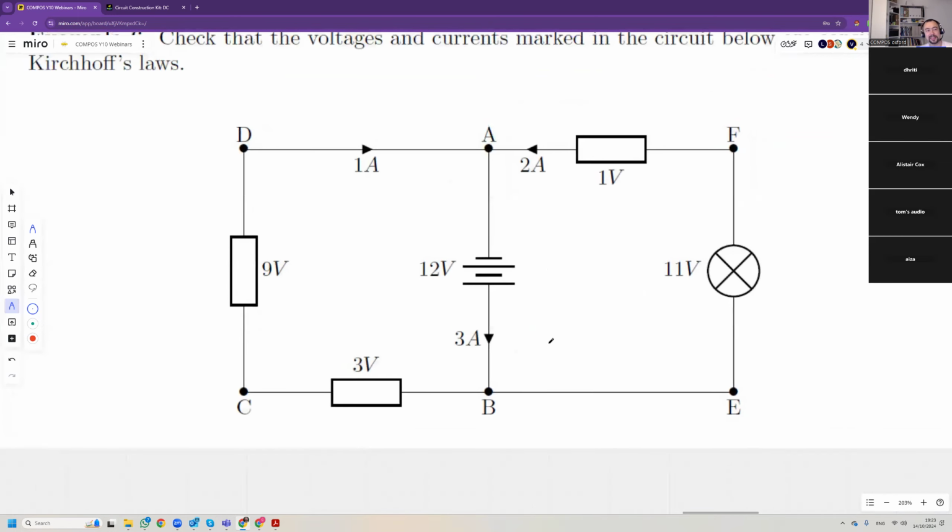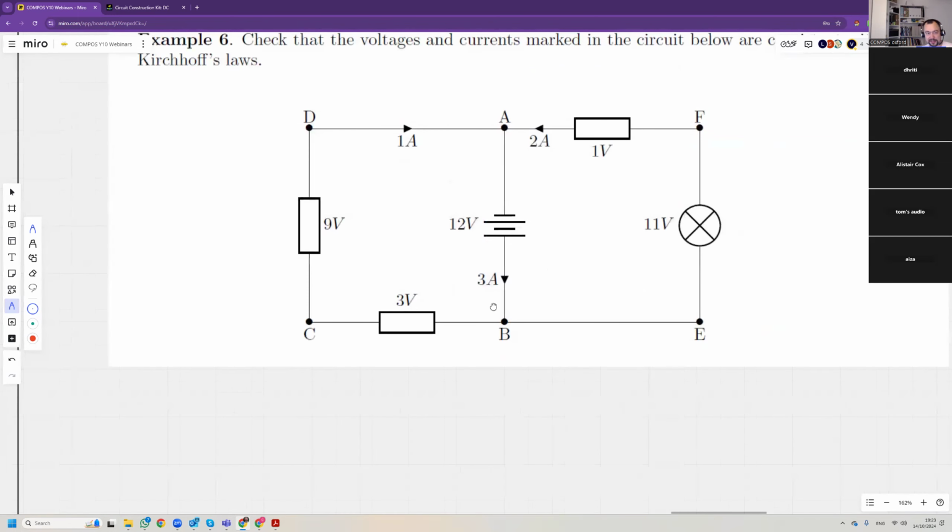All right, so let's have a look at this. Kirchhoff's first law is easy, right? Because this is a node. You have 1 amp flowing in, 2 amp flowing in, and 3 amps flowing out. That makes sense. So for node A, Kirchhoff's one for node A, you have plus 1 amp, plus 2 amps, minus 3 amps, that's 0.